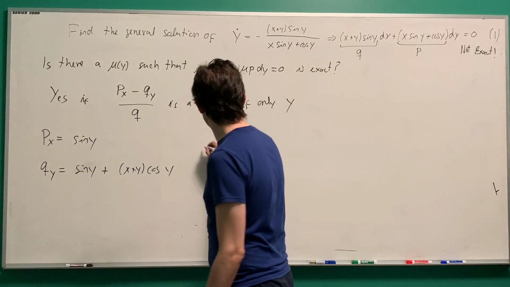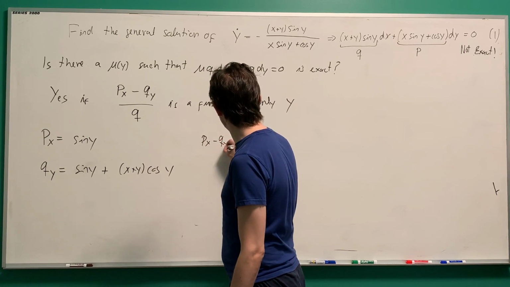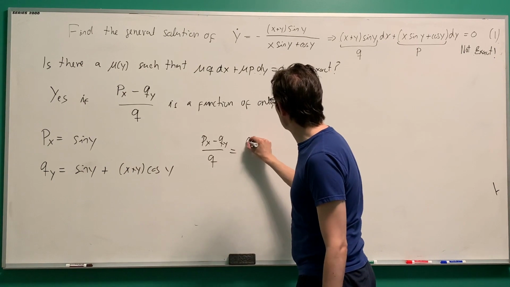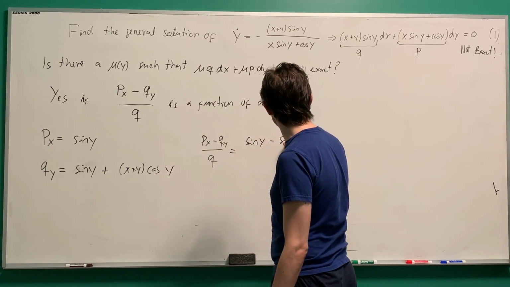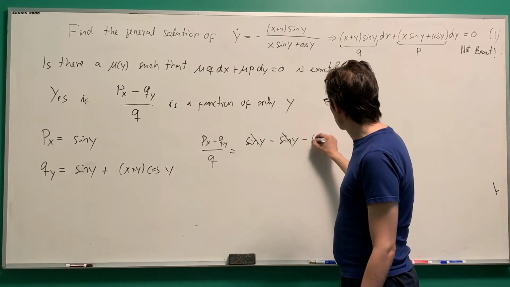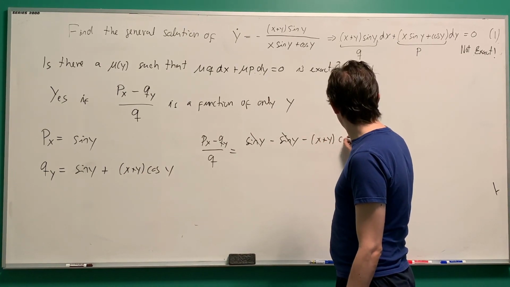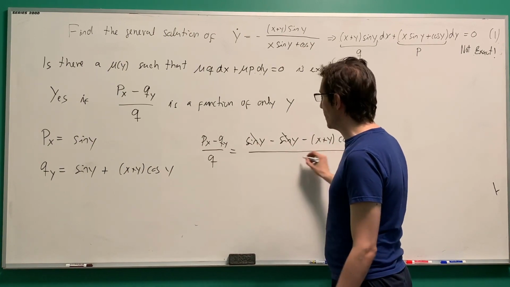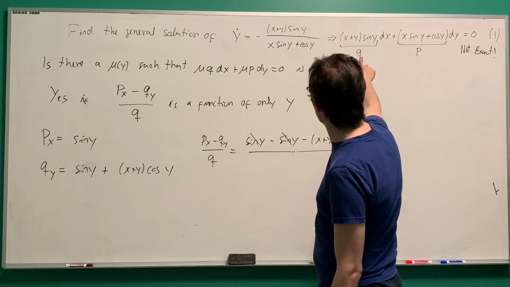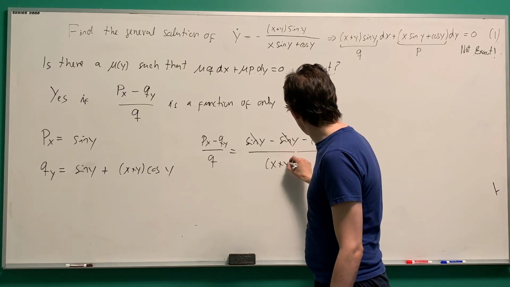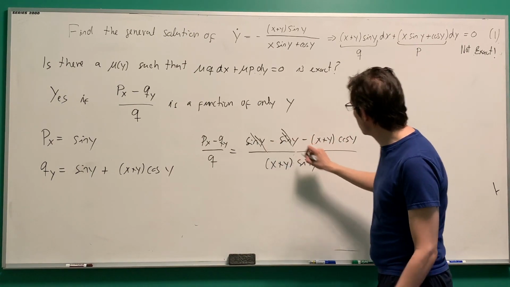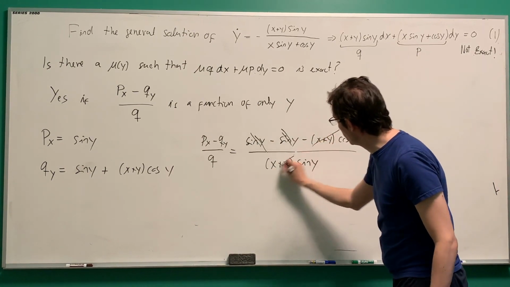So if we write this, p_x minus q_y divided by q, what we get: the sine and the sine, the signs cancel, sine y minus sine y, these are going to cancel, minus (x plus y) cosine of y, and this is divided by q, and q is x plus y sine y. Nice. So this cancels, and this thing cancels with this one as well.